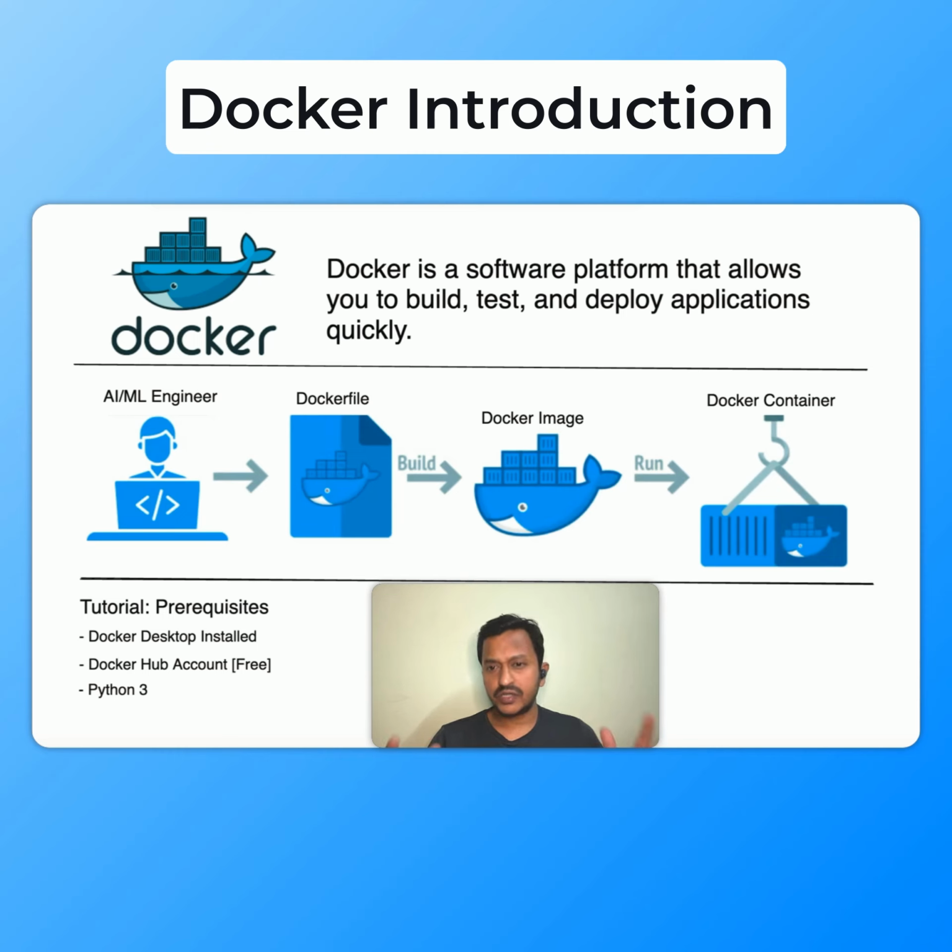So let me tell you a short story of how it all started. How did Docker come into existence? As we all know, there are prominently two teams in engineering: one is developers, one is the operations team.